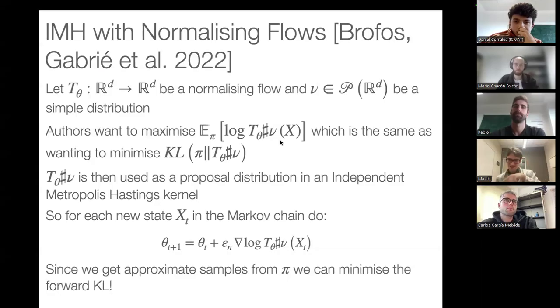And so the states that result from the MCMC method are going to be a bit better. And so you do another step of your variational inference optimization routine to make the normalizing flow better. So it's not the case that you can do VI really well and then put it in MCMC. You can do VI kind of well and MCMC kind of well, and you use them both together in this virtuous cycle.